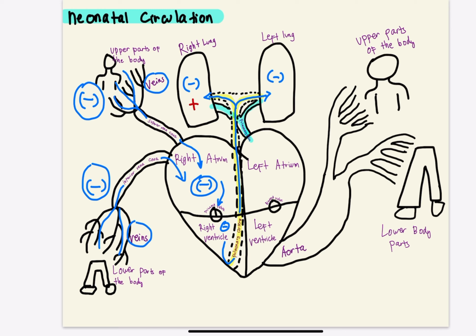So we will already be using the symbol positive kasi meron na po siyang dugo. Now, the oxygenated blood that is in the lungs will have to go back to the heart for distribution. Okay? So ano yung dadaanan nila? It will pass the pulmonary vein. So dito po sila dadaan.